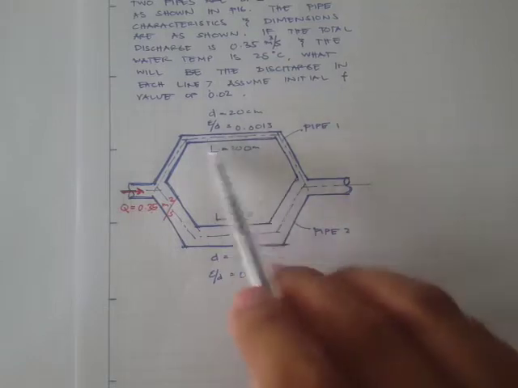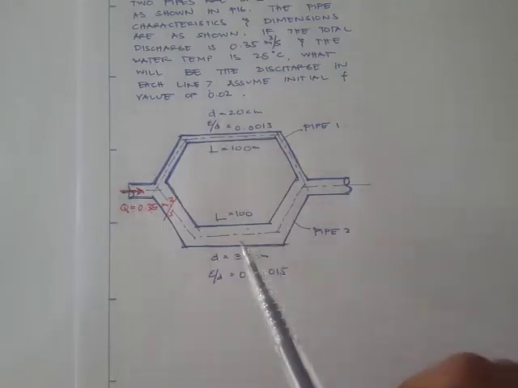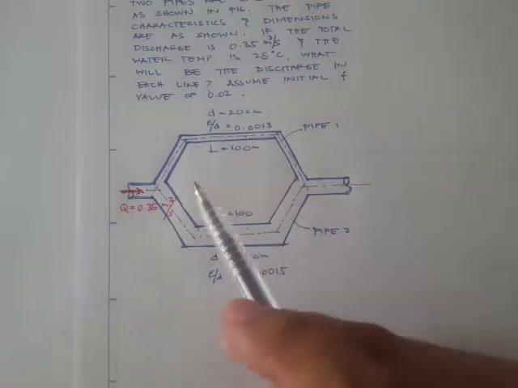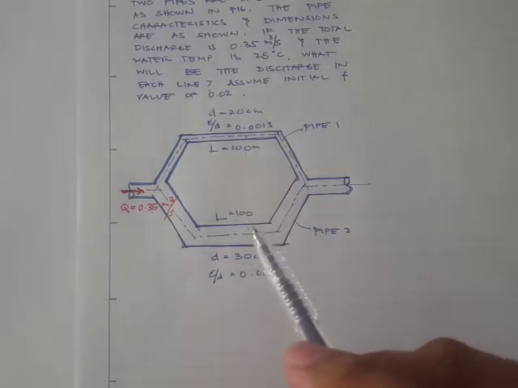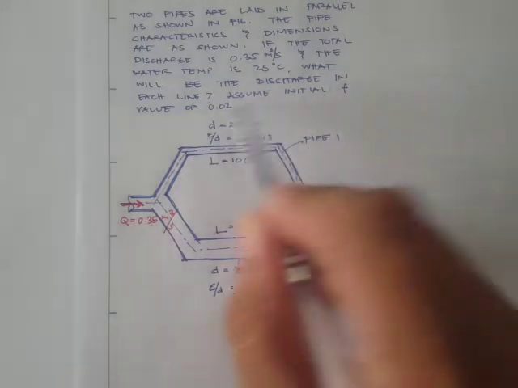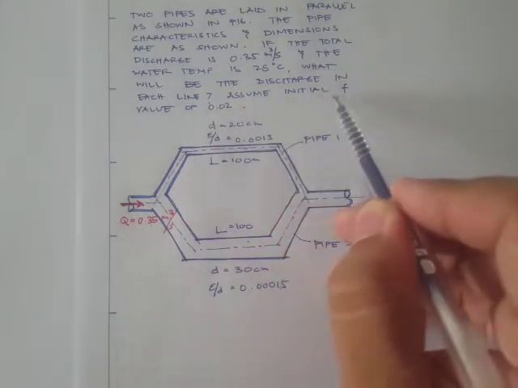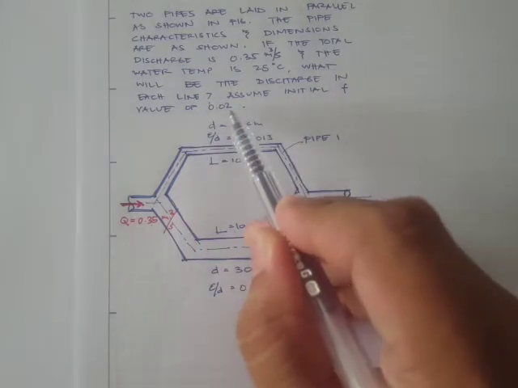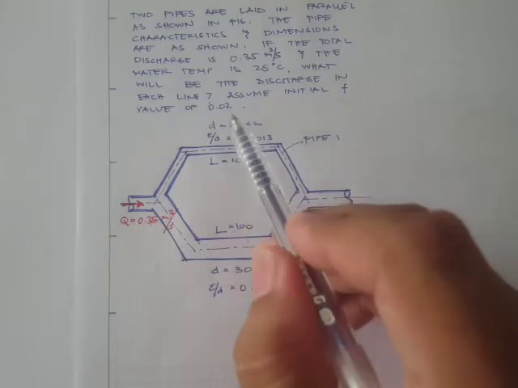So since with respect to pipe 1 and pipe 2 we don't have the flow rate, this is not a type 1 problem. And that is why it says here that we will assume an initial F value of 0.02. So it's an iterative solution.